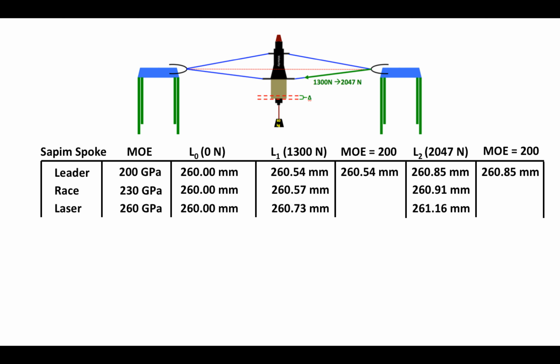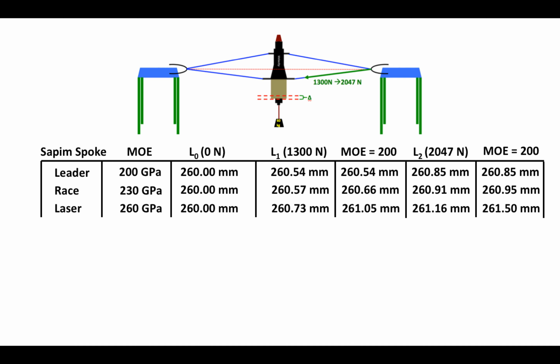instead of being 230, if it had been 200, would have stretched a little bit more at 1300 newtons and likewise at 2047 newtons. In the case of the laser, it would have been 261.05 millimeters instead of 260.73, and at 2047 newtons, the spoke, instead of being 261.16, would have been 261.50.